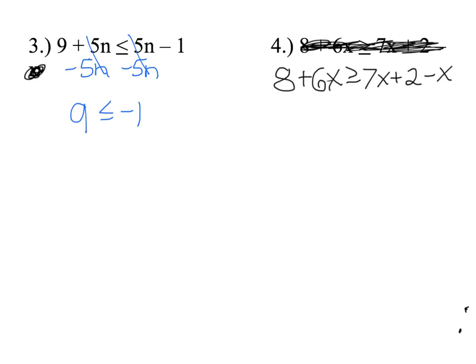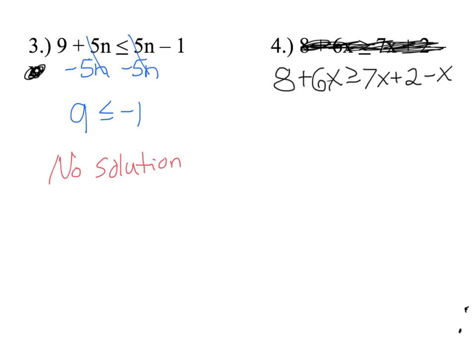Now, is that true? Because 9 is greater than negative 1, that's false, which means this has no solution. There are no numbers that you can plug into that inequality that's going to make that inequality a true statement.